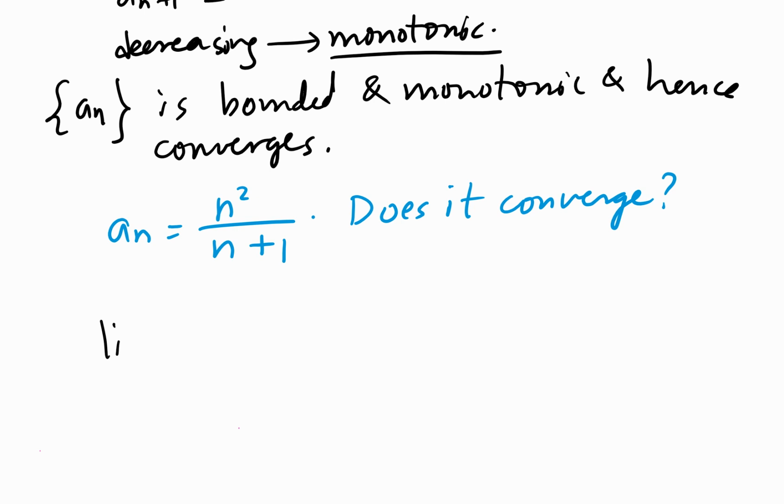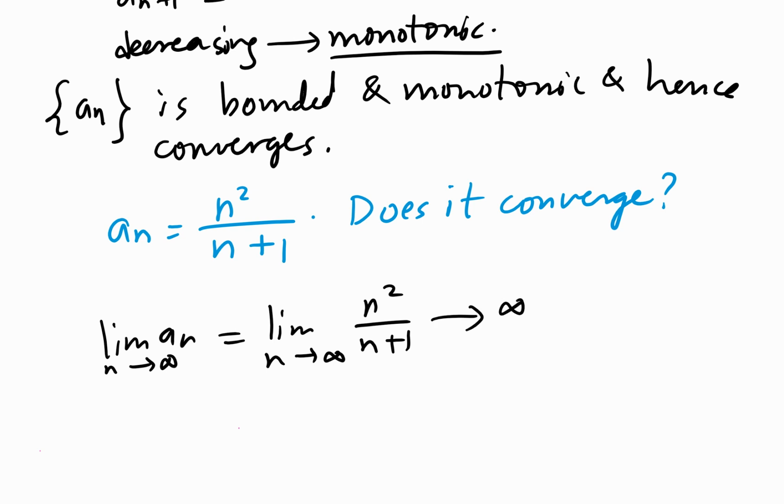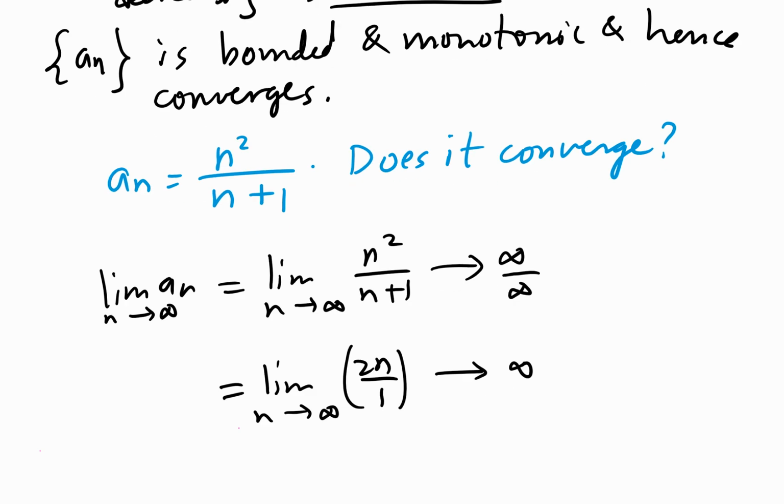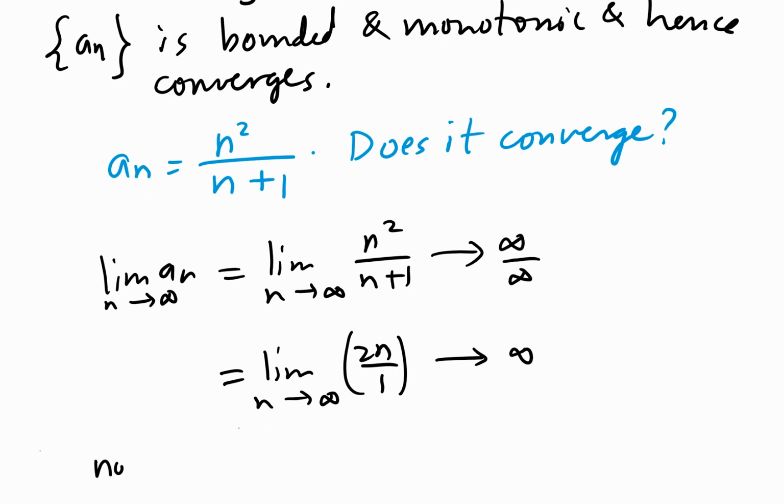Now the first thing I would do, I want to find, as n goes to infinity, what happens to this sequence, n squared over n plus 1. This would go to infinity over infinity. We can use L'Hopital's rule: 2n over 1, which goes to infinity. So notice it's going to infinity, so that tells me it's not bounded.